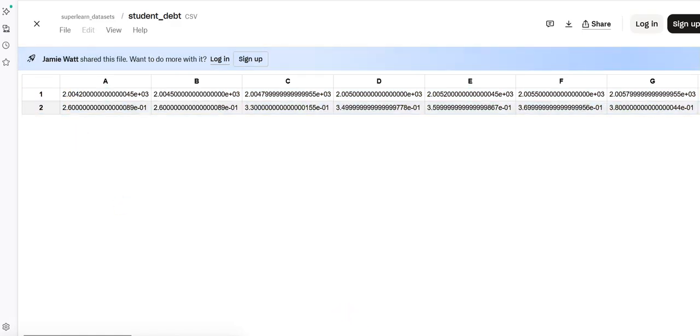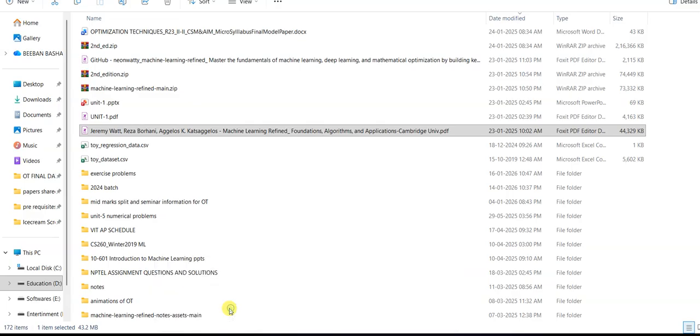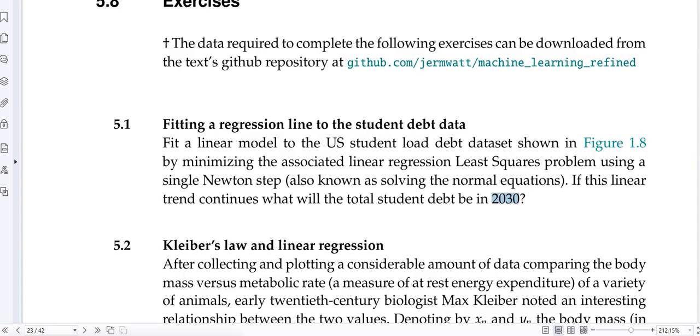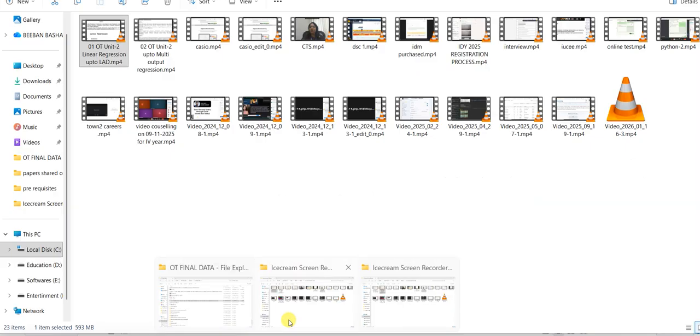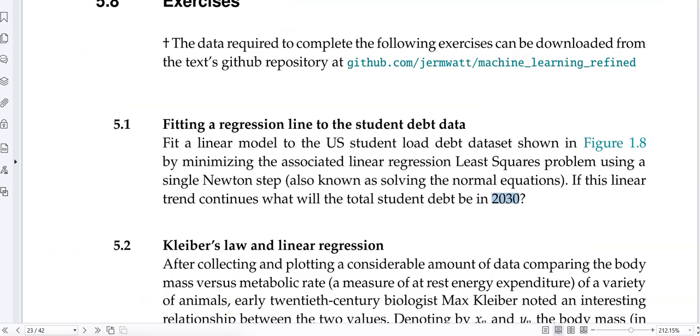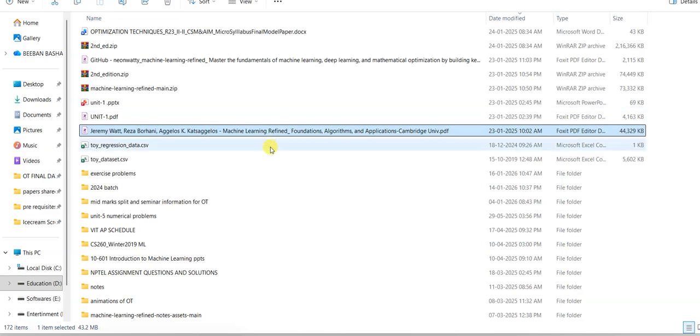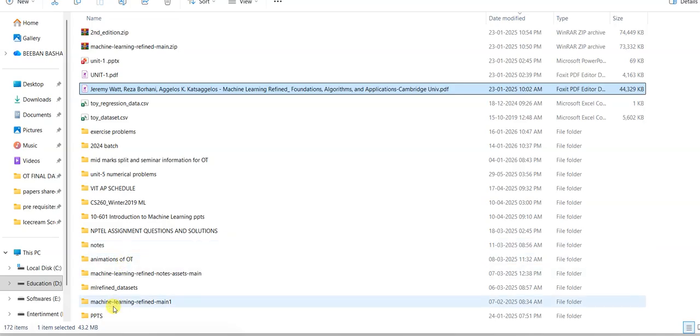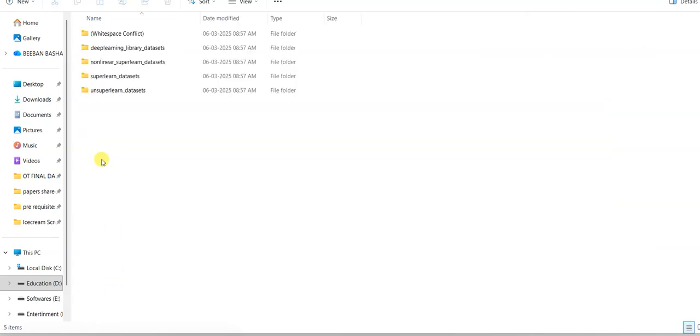So if I show you that in this data set, ML refined data sets, we are in the supervised learning data set.